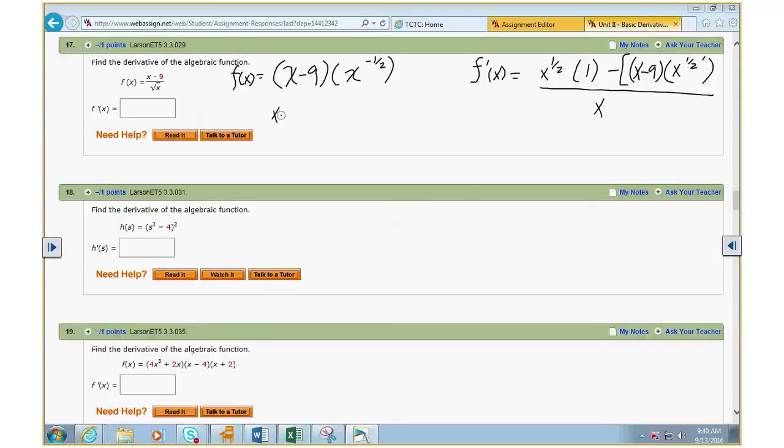First times the derivative of the second plus the second times the derivative of the first. Negative 1/2 times 1 is negative 1/2. x to the first will be 2/2.